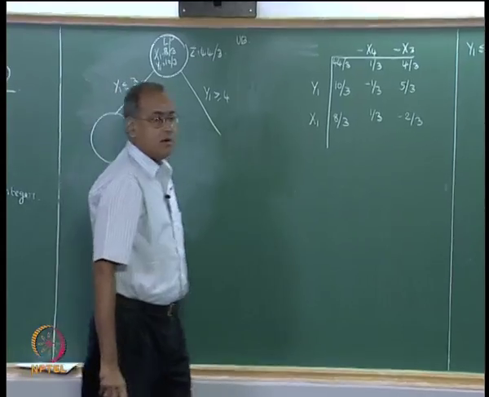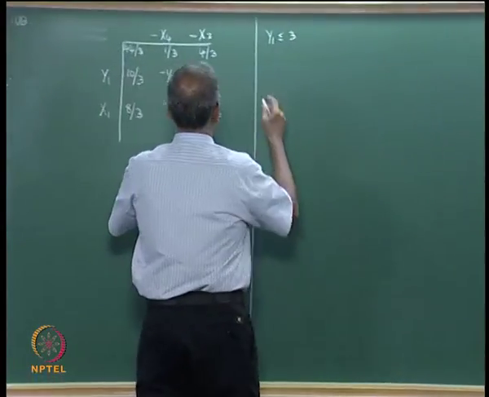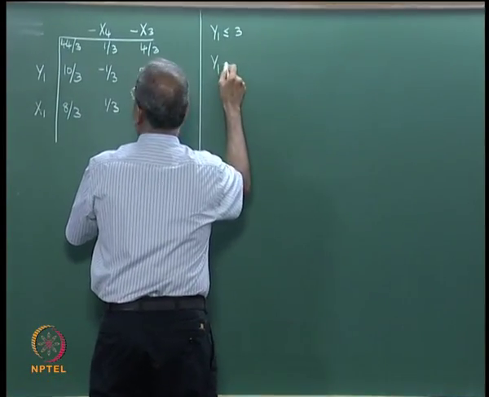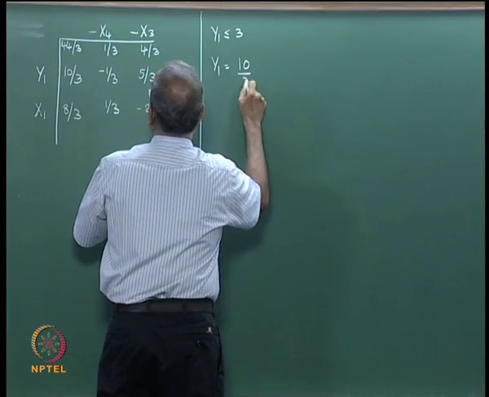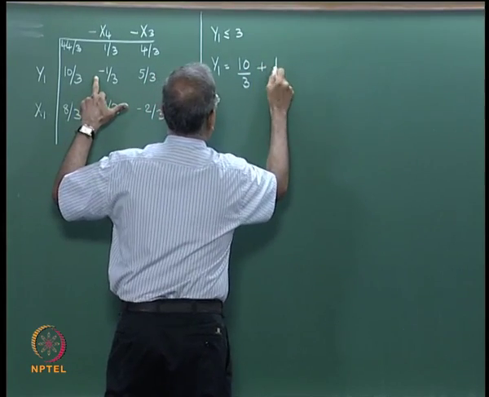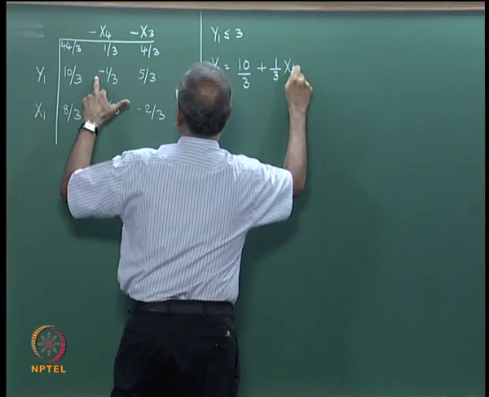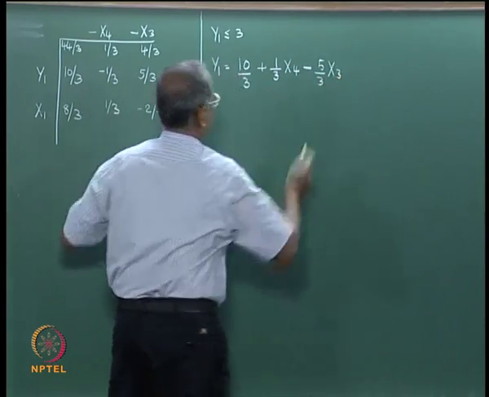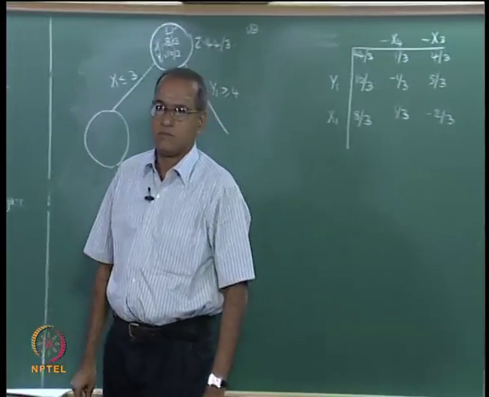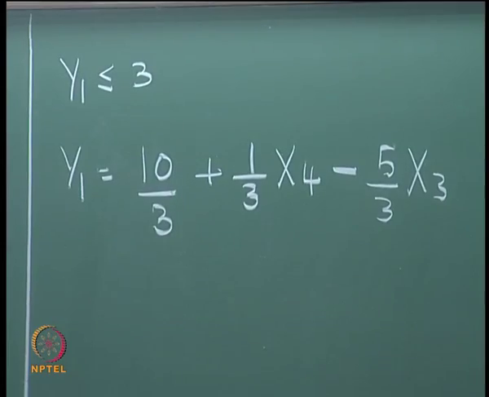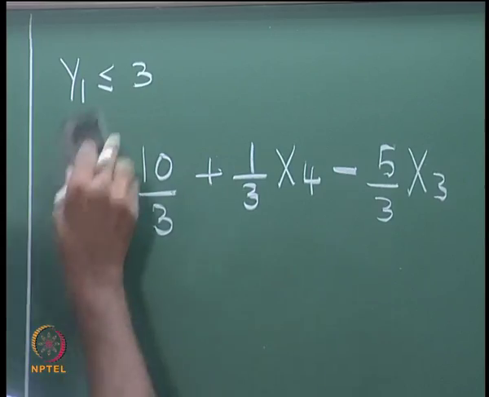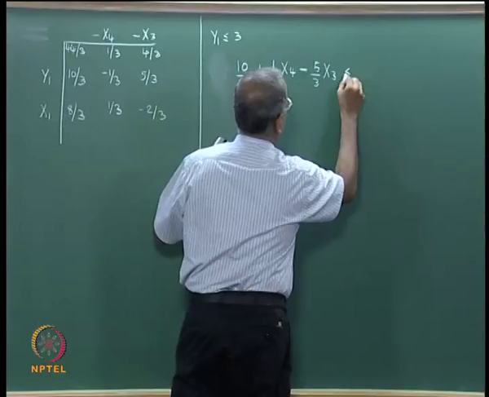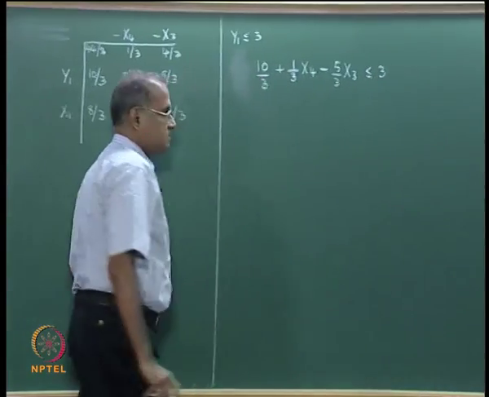From this, y1 is a basic variable. So, y1 is equal to 10 by 3 plus 1 by 3 x4 minus 5 by 3 x3, that is your y1. And since we have y1 less than or equal to 3, we are going to have this less than or equal to 3.